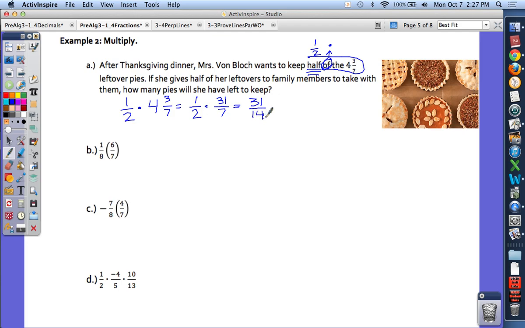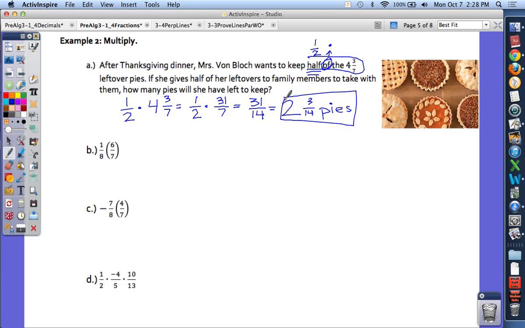See if you can reduce it. It might help to change it to a mixed number first and see. So how many times does 14 fit into 31? 2 whole times. That gets me up to 28. What is my remainder? 28, 29, 30, 31. So 3, and keep that denominator, 14ths. So she will keep 2 3/14 of the pies.